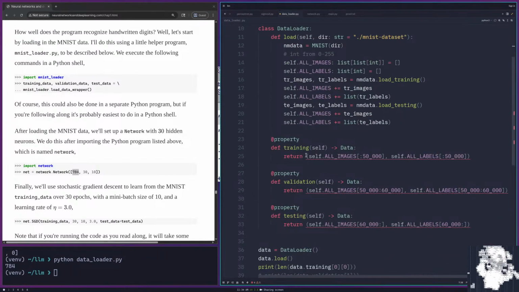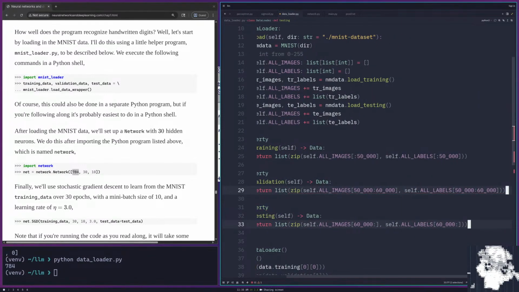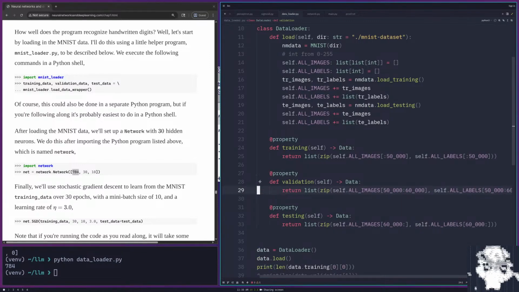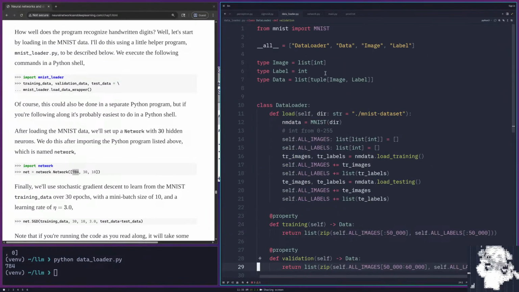Which means this needs to return the zip of it, cast into a list. Yeah. So an image is a list of ints, a label is just an int, data is a list of image label pairs.